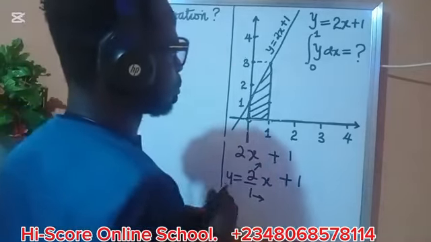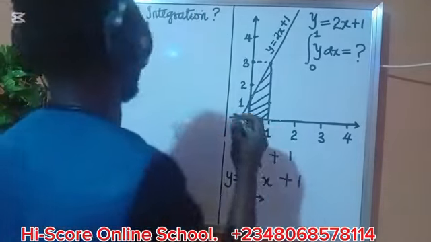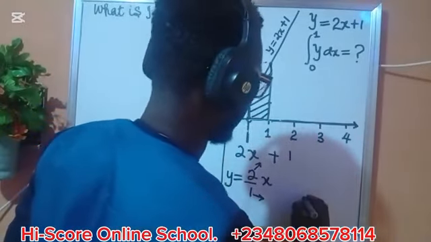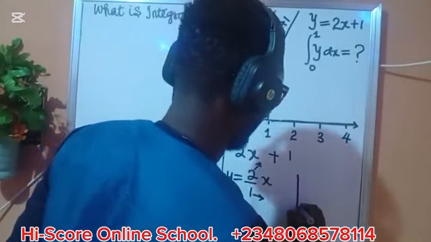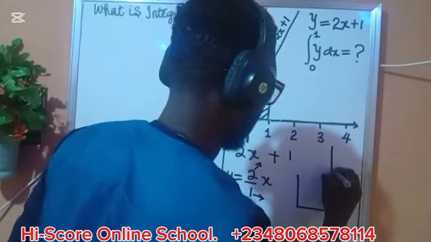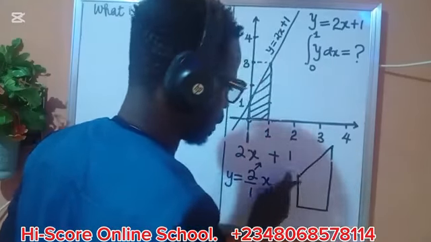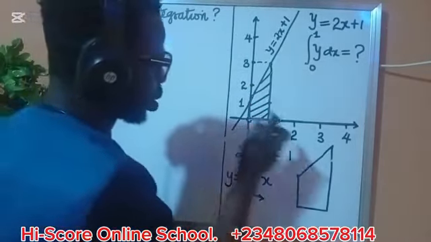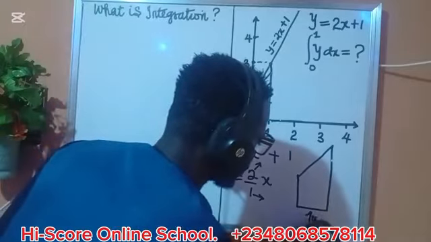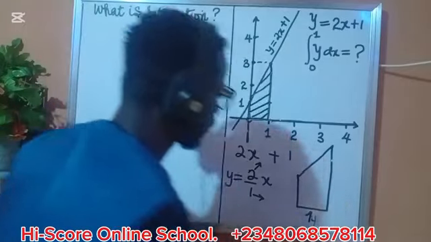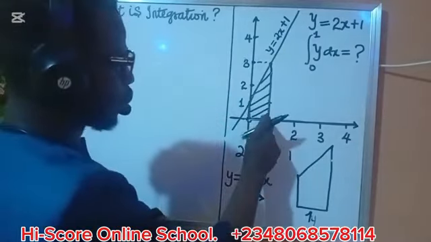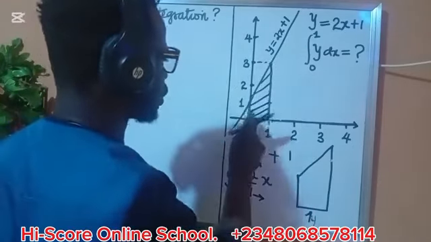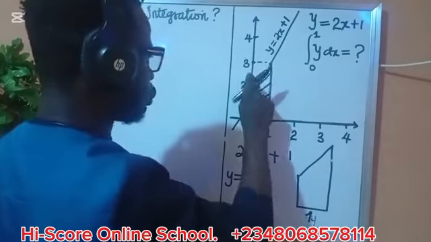This trapezium can be redrawn this way. So let's draw it here. From 0 to 1 is 1 unit. Then from 0 up to 3 is 3 units, that is 1, 2, 3.